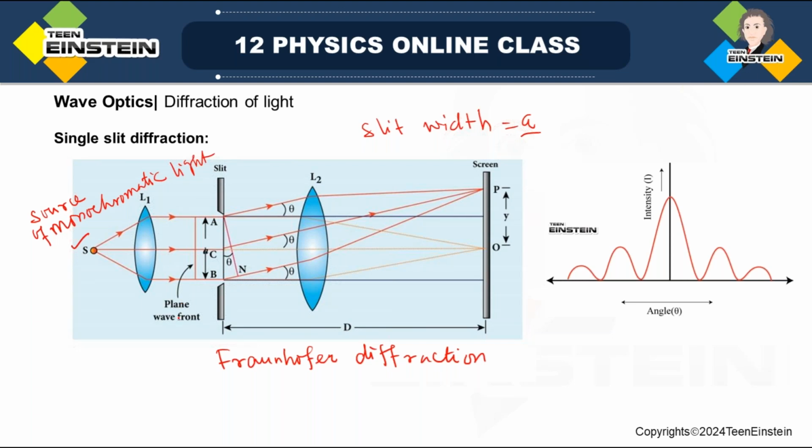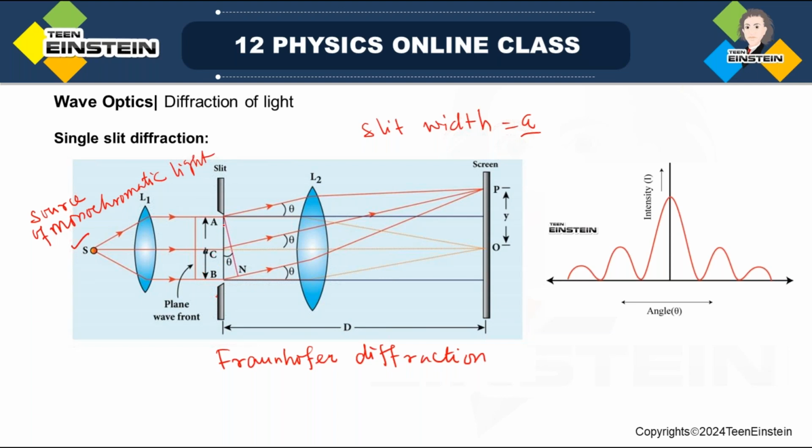So parallel rays means what is the wavefront corresponding to that? Those are plane wavefronts. These plane wavefronts will come and be incident at the slit. At the slit opening, these plane wavefronts are progressing, and at a certain point of time one plane wavefront will be at the slit.